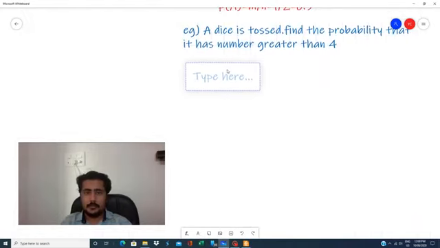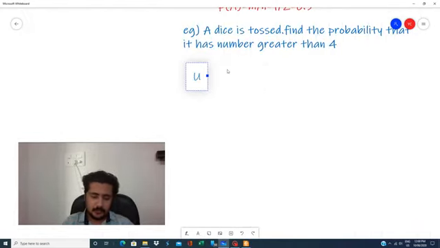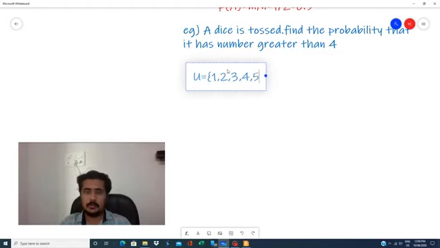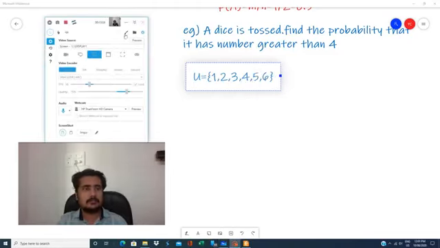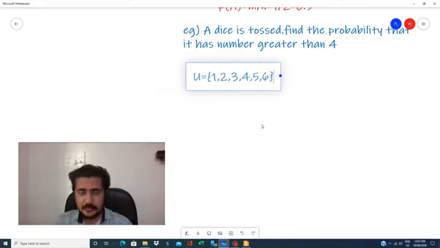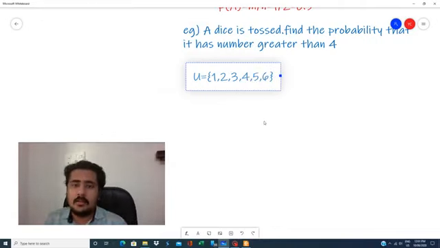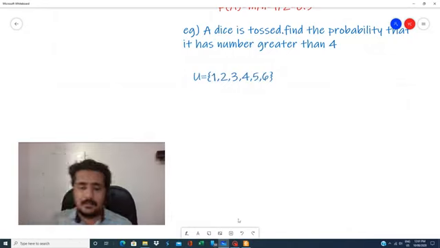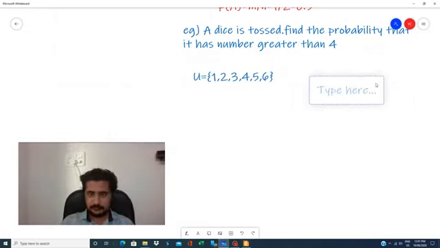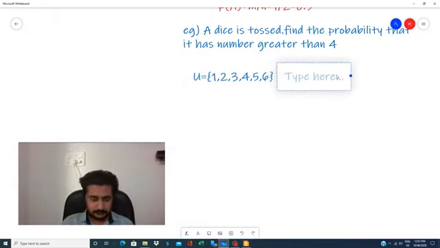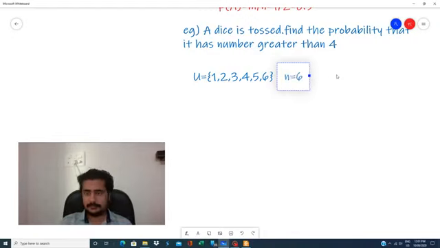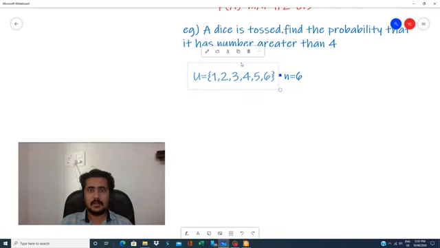As I told you, if a dice is tossed, first you have to focus on the total possibilities. The total possibilities are 1, 2, 3, 4, 5 and 6. So your n is 6.